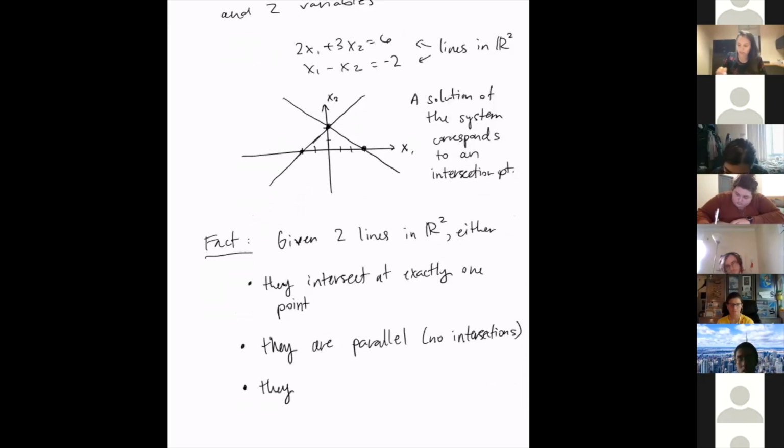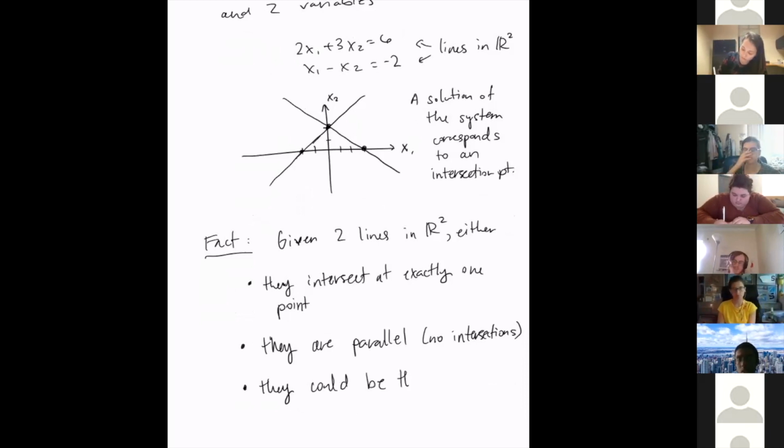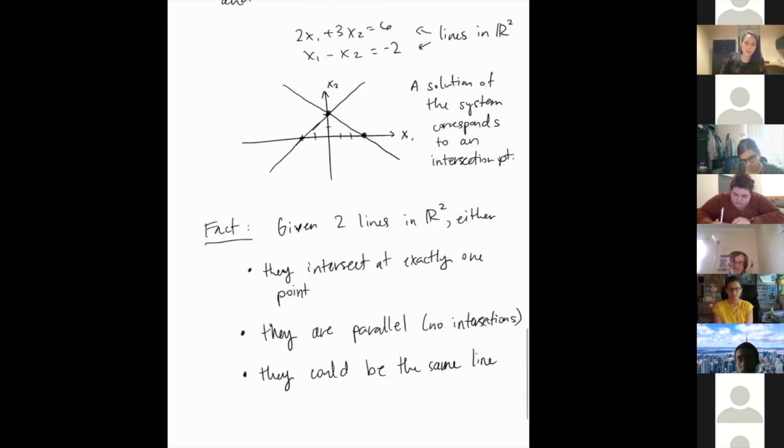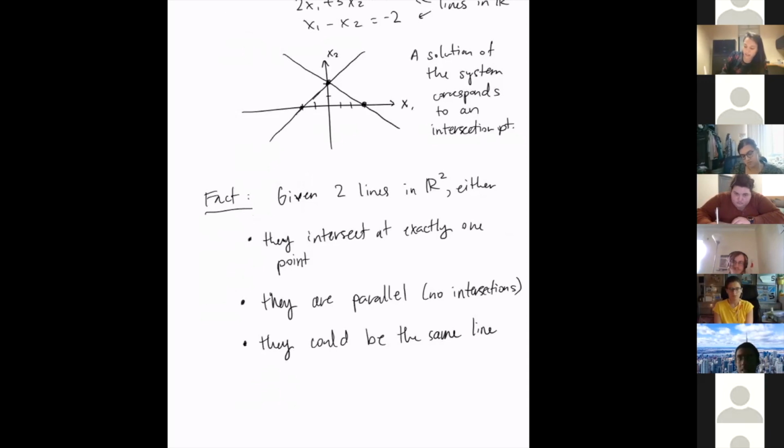And they could be the same line. So there's nothing saying that given two lines that they couldn't be the same thing, right? So they could be the same. Which would mean that they intersect at all points. Infinitely, basically. Yeah, exactly.